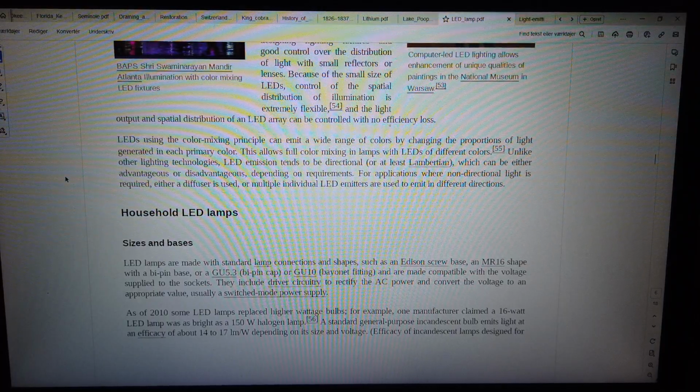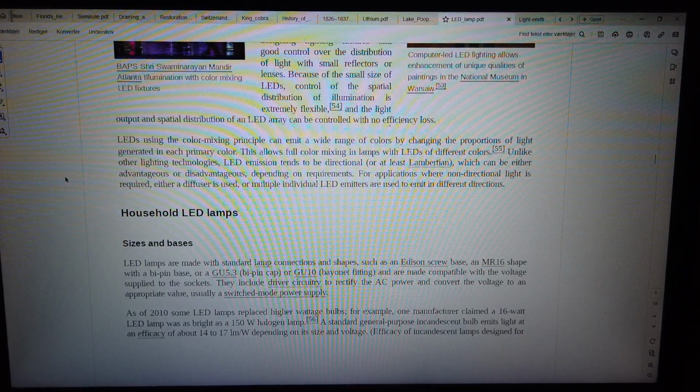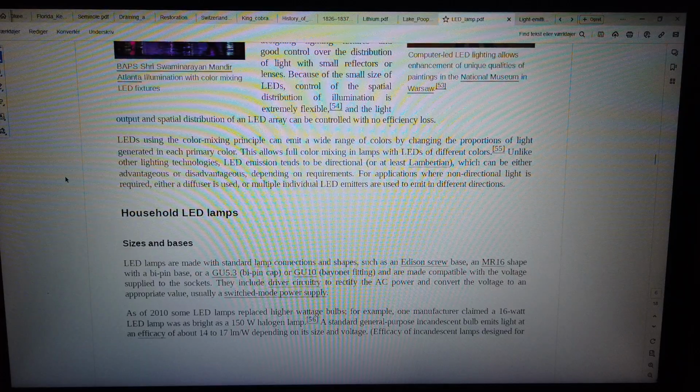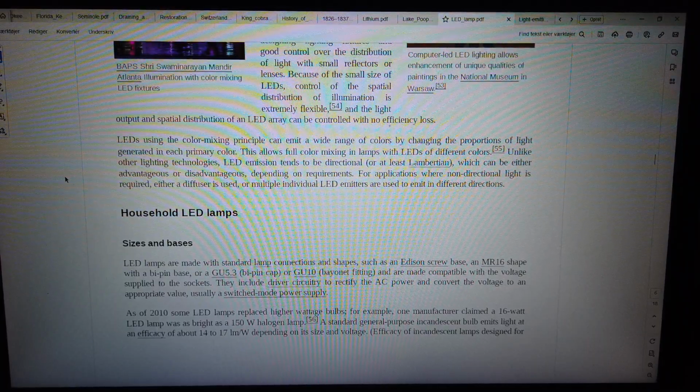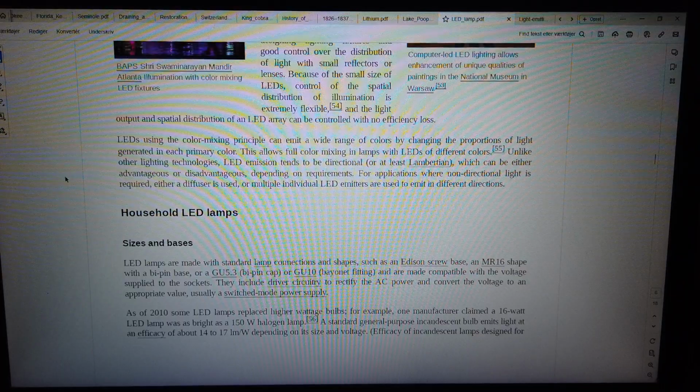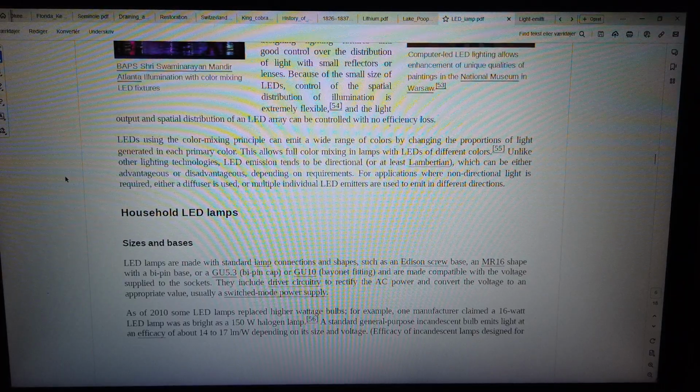Household LED lamps. Sizes and bases. LED lamps are made with standard lamp connections and shapes, such as an Edison screw base, an MR16 shape with a bipin base, or a GU5.3 bipin cap, or GU10 bayonet fitting, and are made compatible with the voltage supplied to the sockets.